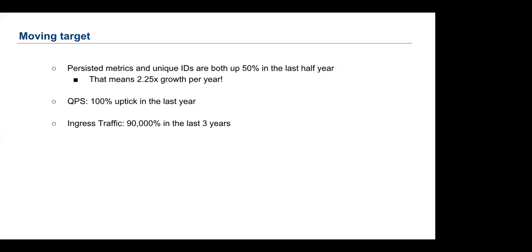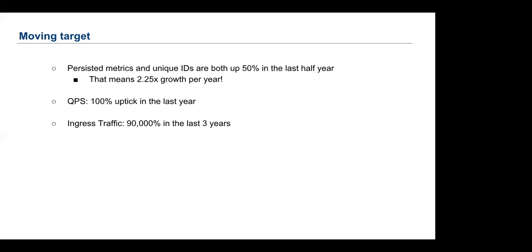When we looked at how the system was adopted, we were pleasantly surprised at the growth. The persistent metrics unique IDs have been up by 50% in the last year, which is like 2.25x growth every year. Our QPS for query service has increased by 100% since last year, and our overall ingress traffic is up like 90,000% in the last 3 years.